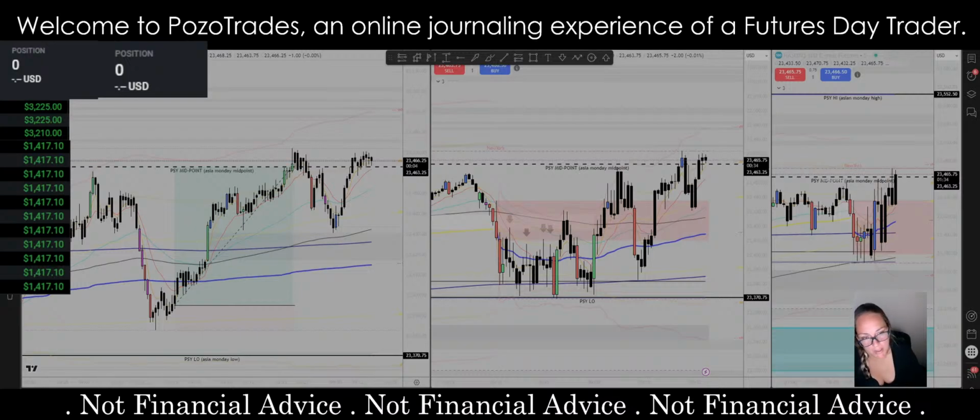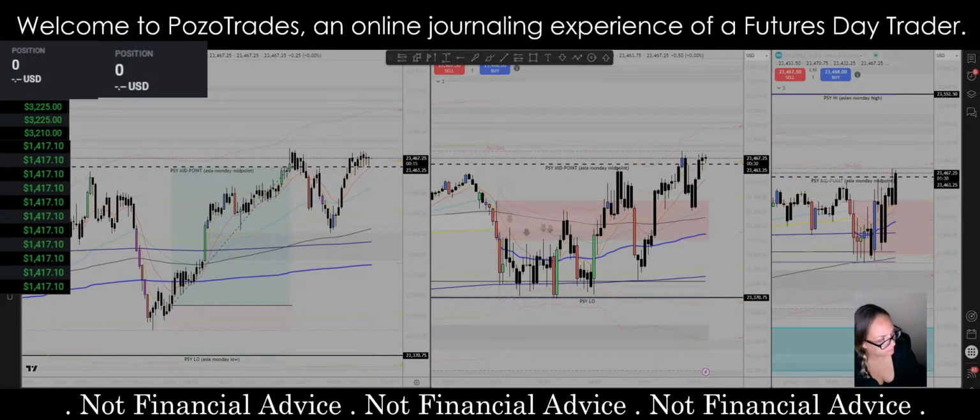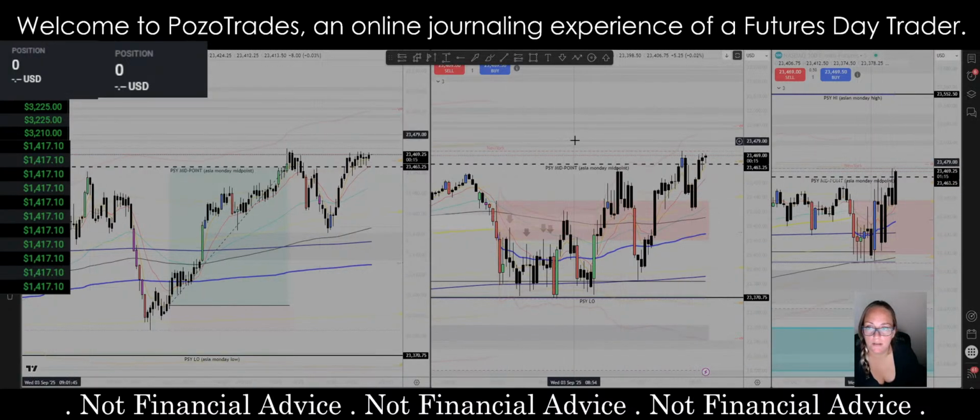We are a little light on the volume profile to the downside. We've done a lot of accumulating up here. I don't know. Maybe I should check and see where we're at for the week, just to give us a better idea.